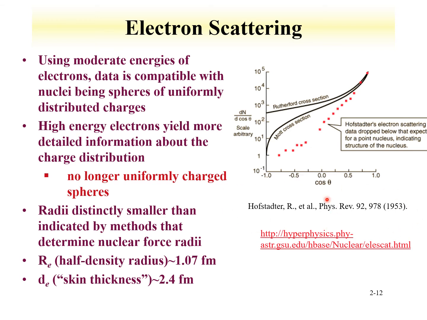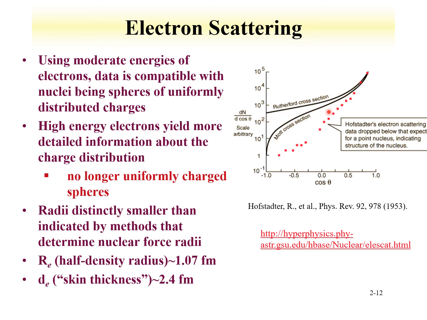This shows scattering of electrons. One would assume from a Rutherford type cross-section, a Mott cross-section, which was earlier work. And then this Hofstadter data shows that the cross-sections are lower and indicates structure of the nucleus. So in other words, information was used from previous studies and previous models that explain the nucleus.